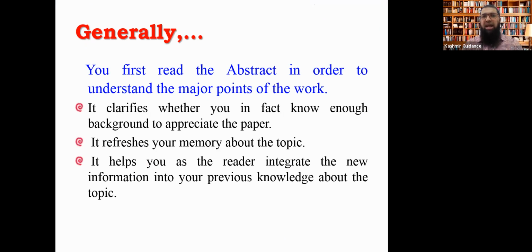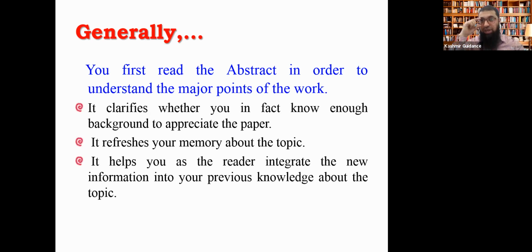That's why the best thing is to read the abstract in order to understand the major points of the work. This will clarify whether you in fact know enough background to appreciate the paper. Sometimes the abstract tells you some information you don't know, and you need lots and lots of background information before you understand this paper.